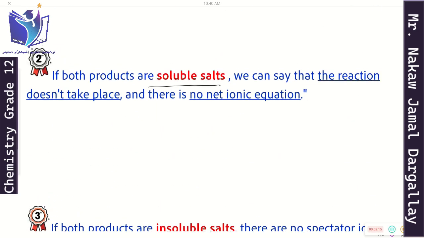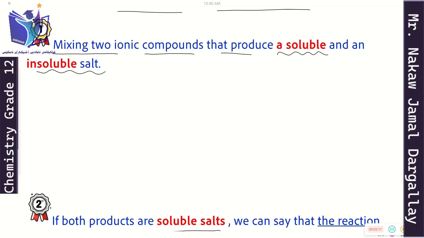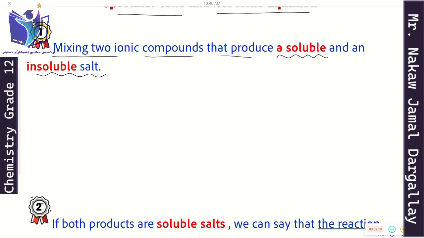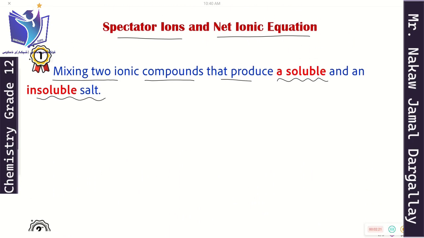Consider the reaction between silver nitrate and sodium chloride. Silver is Ag, nitrate is NO3, sodium chloride, sodium is Na, chloride is Cl. The type of the reaction is double displacement reaction.